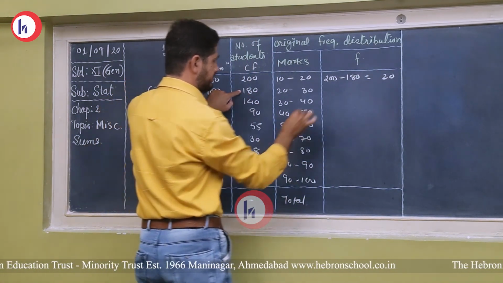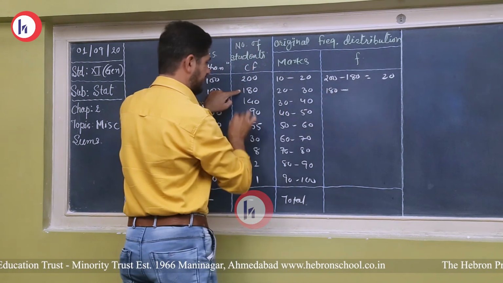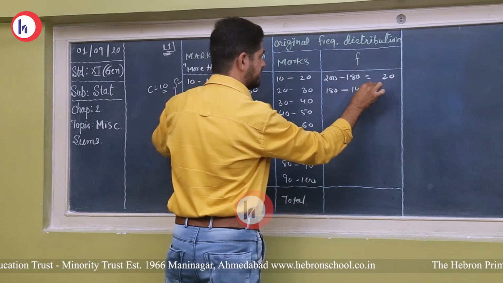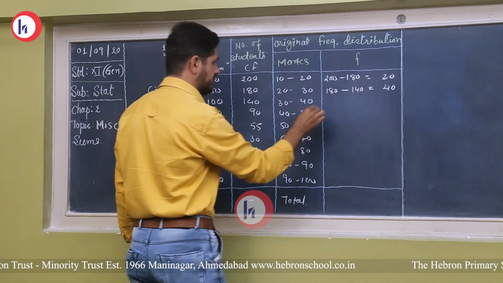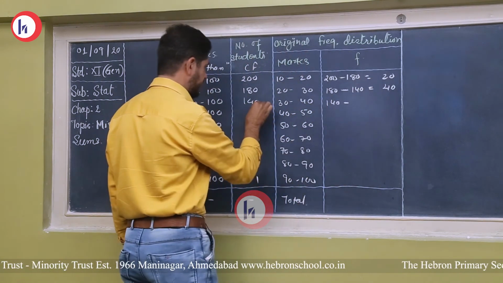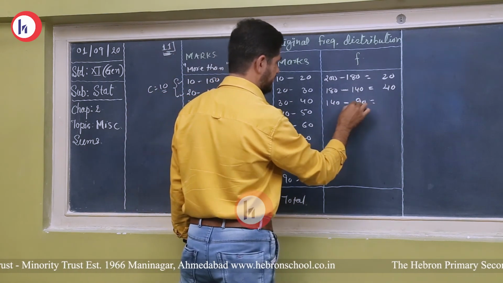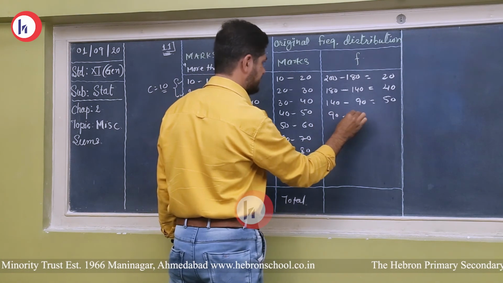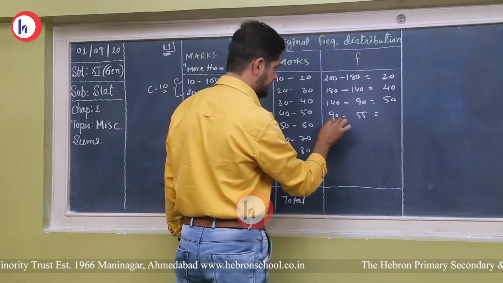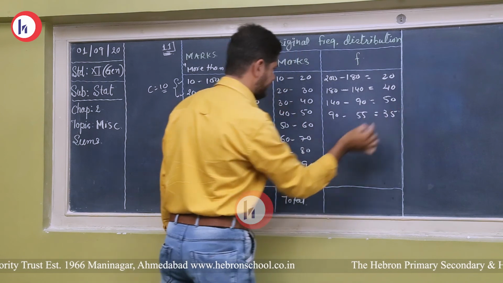Now 180 minus the succeeding value, that is 140. So 180 minus 140 will get 40. And do the same with all the values. So 140 minus 90 will get 50. Now 90 minus 55, it is 35.